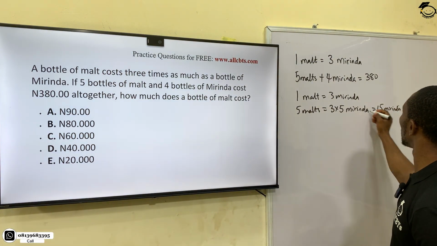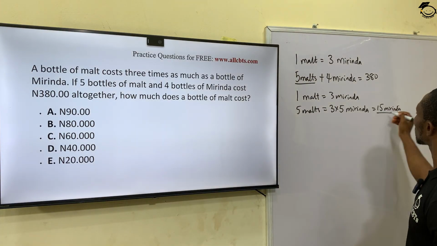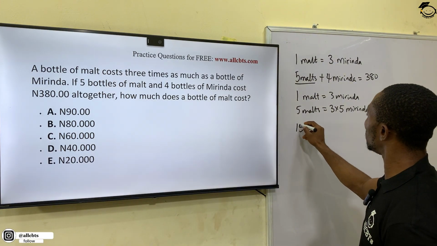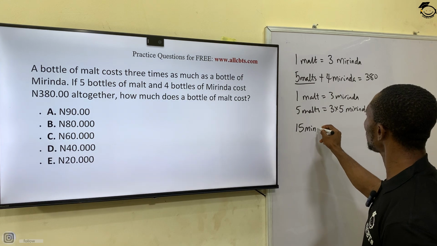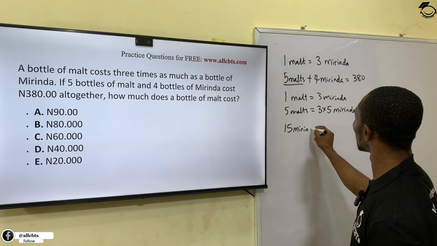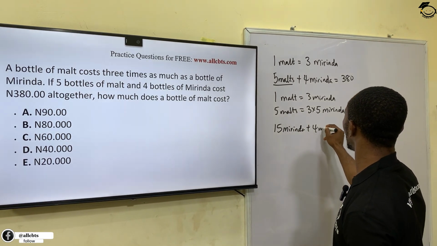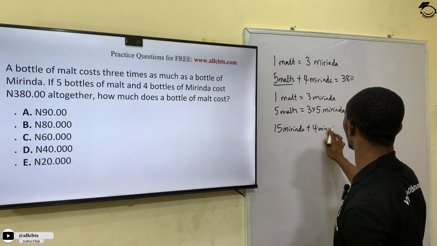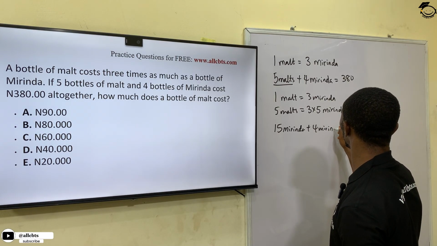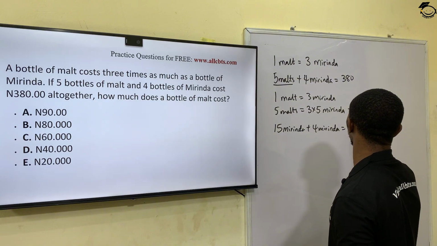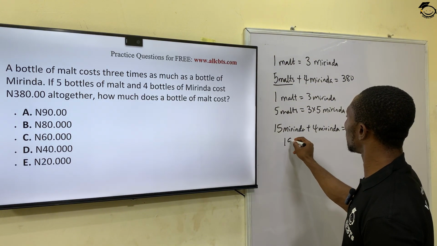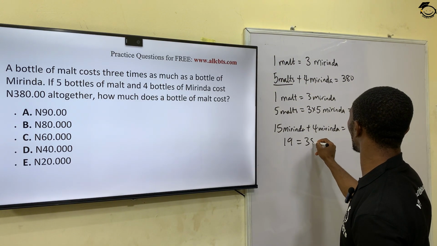Now replacing this, we have 15 Mirindas plus 4 Mirindas equals 380. So this gives us 19 bottles equals 380.